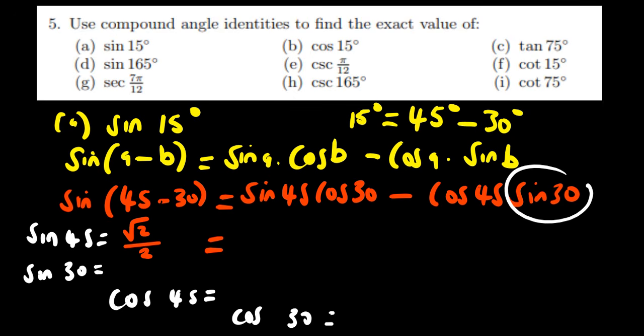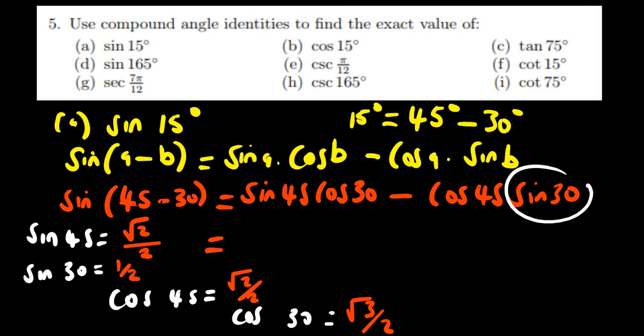Then sine 30 is the same as 1 over 2. Then cos 45 is the same as root 2 over 2. Okay, then cos 30 is the same as root 3 over 2.